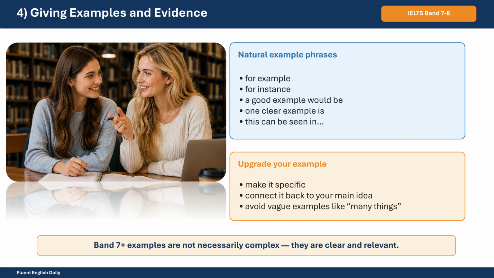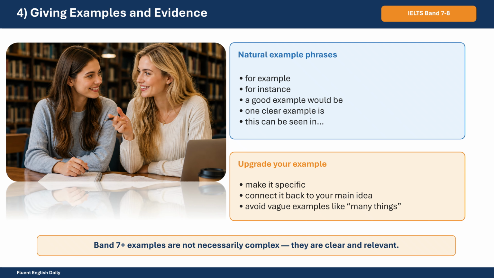You can also say, a good example would be, one clear example is, or this can be seen in. For example, technology has changed the way people communicate. For instance, video calls allow families to remain connected even when they live in different countries. The example is effective because it is specific and directly supports the main idea.